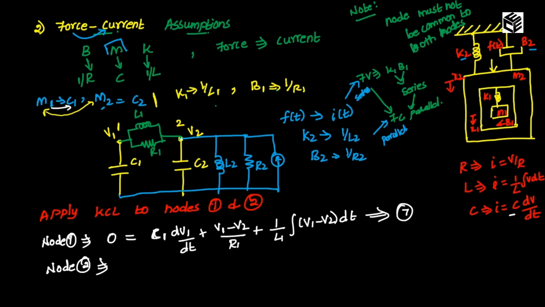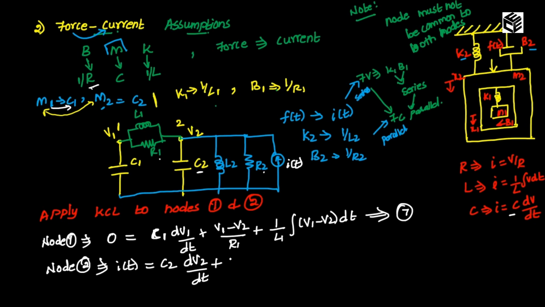Now I am going to apply Kirchhoff's current law for node 2. For node 2, I have a current source I of t here, correct? So I of t is equal to, what is our node? M is replaced as C. So C2 into dV2 by dt plus, we will check for dashpot. Dashpot is nothing but resistor. So here we have two resistors R1 and R2.